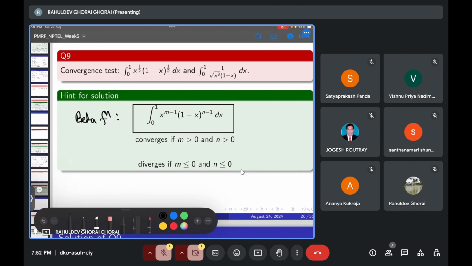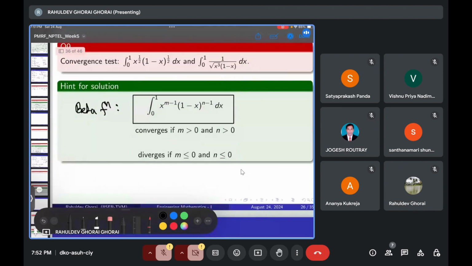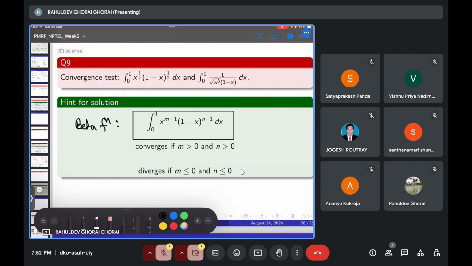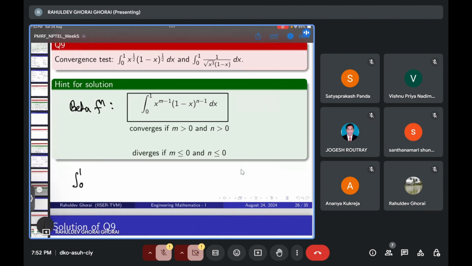Now the beta function is like this, and I can show that if you can write an integration in the form of the beta function, then it will converge if both m and n are positive, and diverge if both m and n are less than or equal to 0. So let's say for the first one, 0 to 1 x to the power half times 1 minus x to the power half dx.